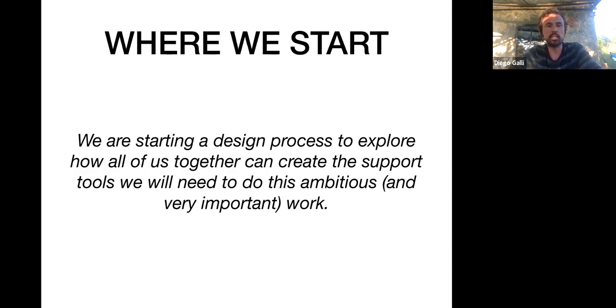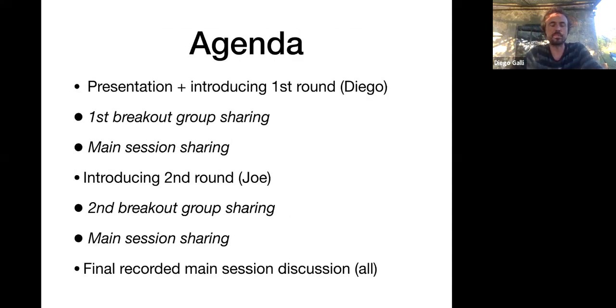This is the design process that we are starting today. Part of it has already started on the website with questions, comments, and proposals, but we are going to be more intentional about how we organize ourselves and how we approach the work we have to do.